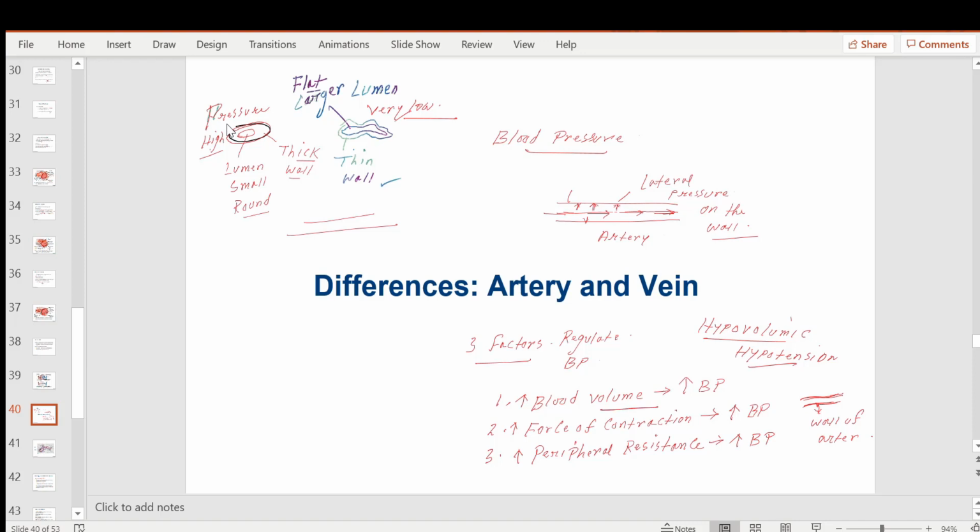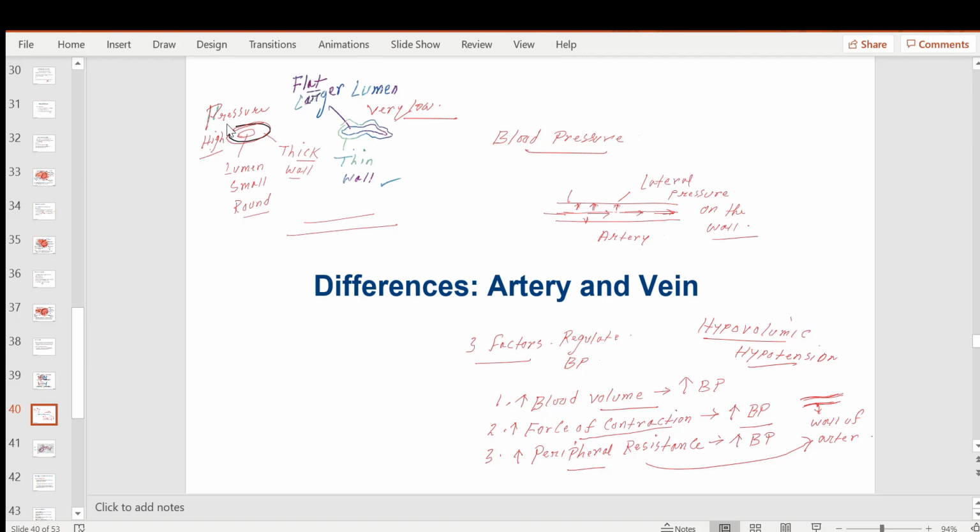One is blood volume, another is related to the heart, how forcefully the heart contracts. If more forcefully, more blood will enter into the artery, blood pressure will be higher. Peripheral resistance is related to the wall of the artery, the elasticity. If the elasticity is less, the pressure will be more. Okay, if the elasticity is more, pressure will be less.